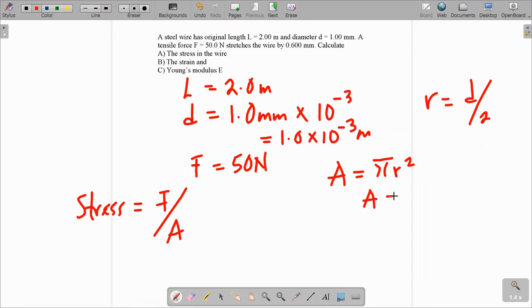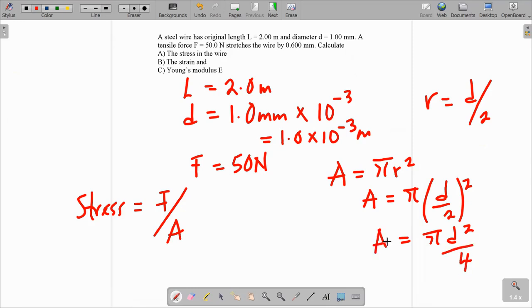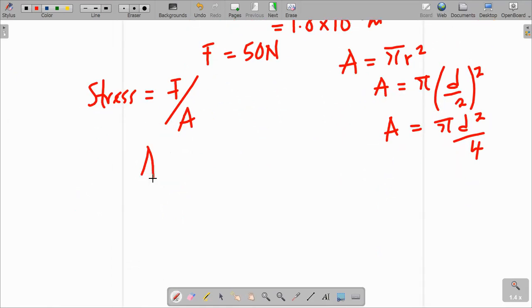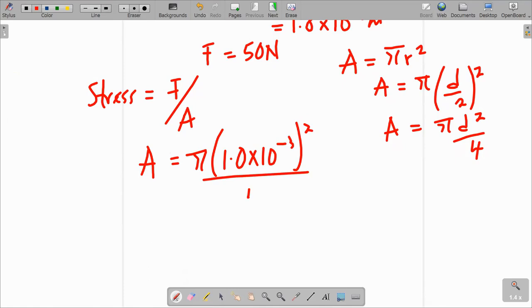So our area will be equal to pi d over 2 squared, which is equal to pi d squared divided by 4. We can use this equation to solve for the area. Area will be equal to pi into the diameter, which is 1.0 times 10 to the power of minus 3, all squared, divided by 4.